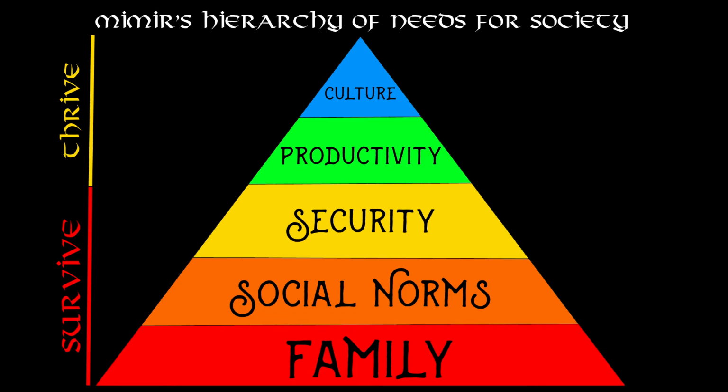As we go up the pyramid one more time, we get to social norms. And this is an interesting thing. To have a stable functioning society, you need a degree of uniformity. So once you have established the family structure that you're going to have, now within the larger aspects of society, you need to have some kind of uniformity.